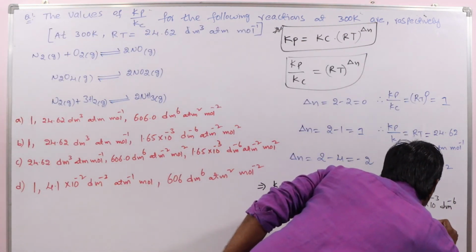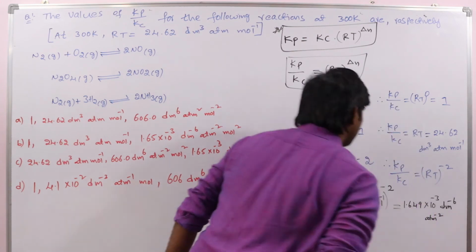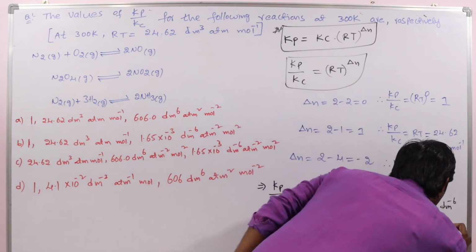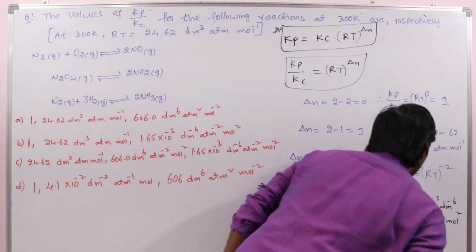Atmosphere whole power minus 2, so atmosphere power minus 2. Mole inverse whole power minus 2 is nothing but mole power 2.